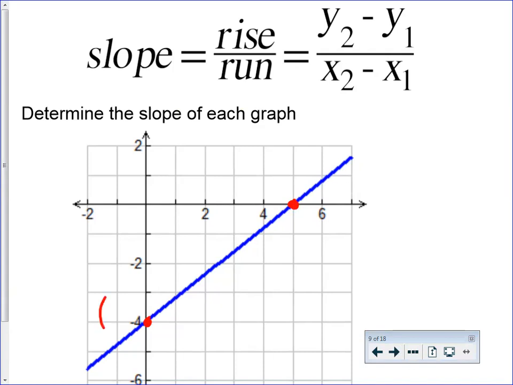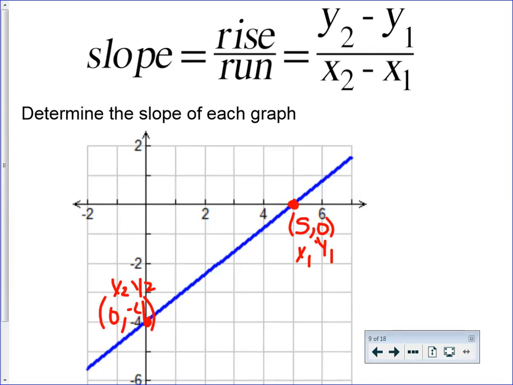This coordinate here is (0, -4). This coordinate here is (5, 0). x1, y1, x2, y2. Now I'm going to put this all in my equation.